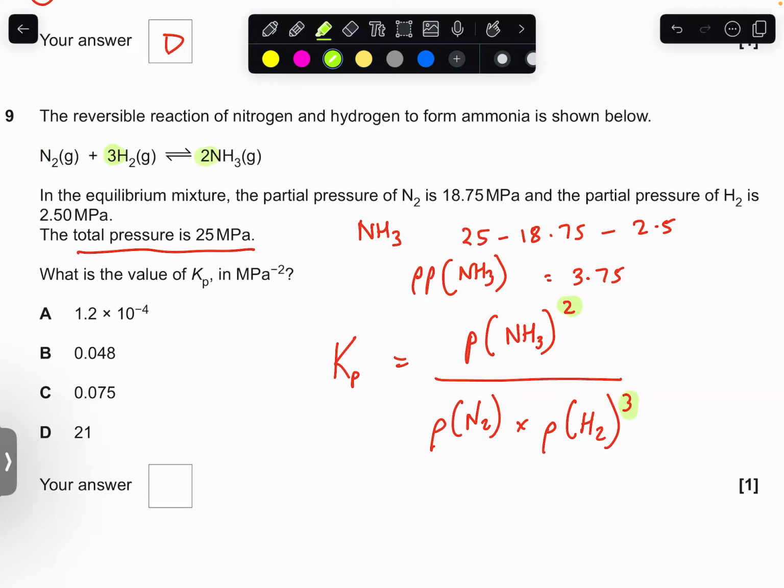Let's work this out in the calculator. 3.75 squared divided by, open bracket, N2 is 2.5 multiplied by, wait a minute, yep, 3.75, 18.75, and cube that. 8.53 times 10 to the minus 4.